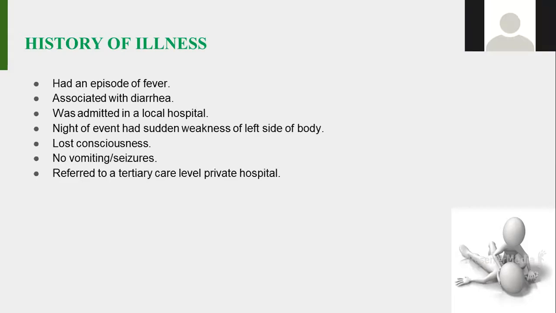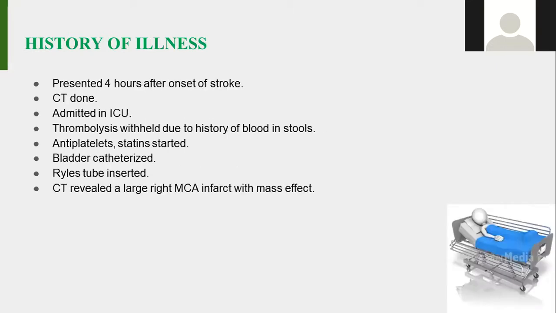But during the admission at night, he had a sudden weakness of his upper limb and lower limb. He lost consciousness. There was no associated vomiting or any convulsions. He was referred to a tertiary care level private hospital for expert care. And there he presented about 4 hours after the onset of the weakness, and they did an imaging of the brain. He was admitted to ICU.